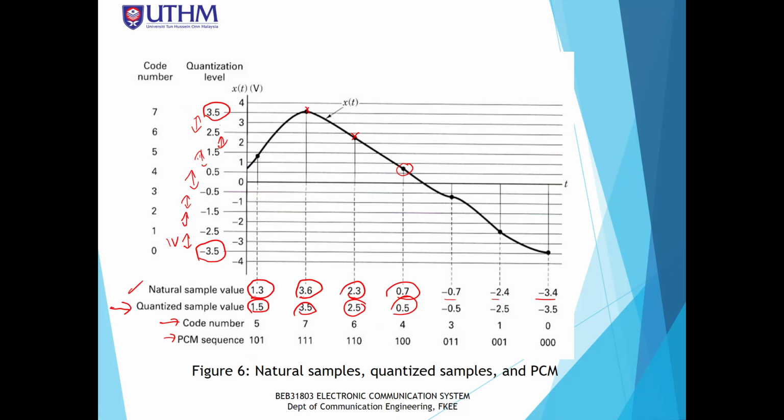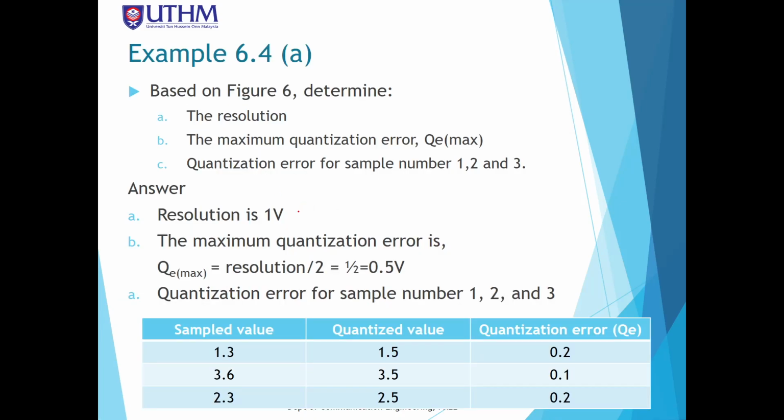You see that the difference is 1 volt. You can measure the step size. The difference between two levels is 1 volt in this example. So the resolution, the step size or the distance between two levels, is 1 volt.